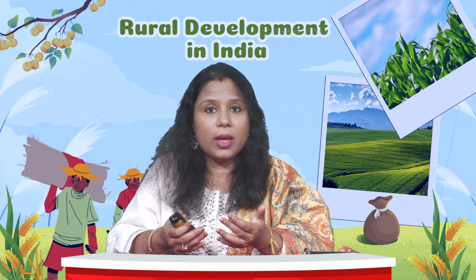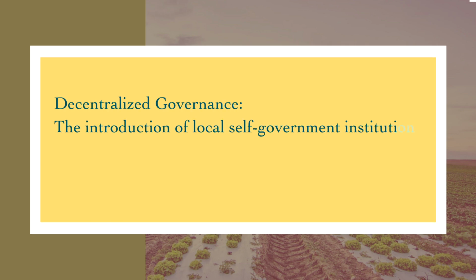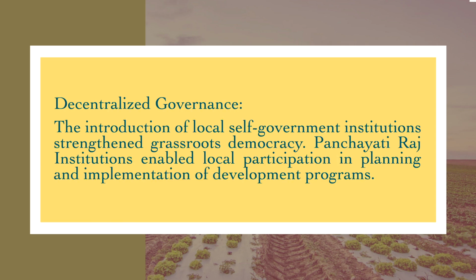Then in India, we have seen the implementation of decentralized governance, which was aimed at empowering the rural communities, giving people access and platforms to participate in the decision making process.